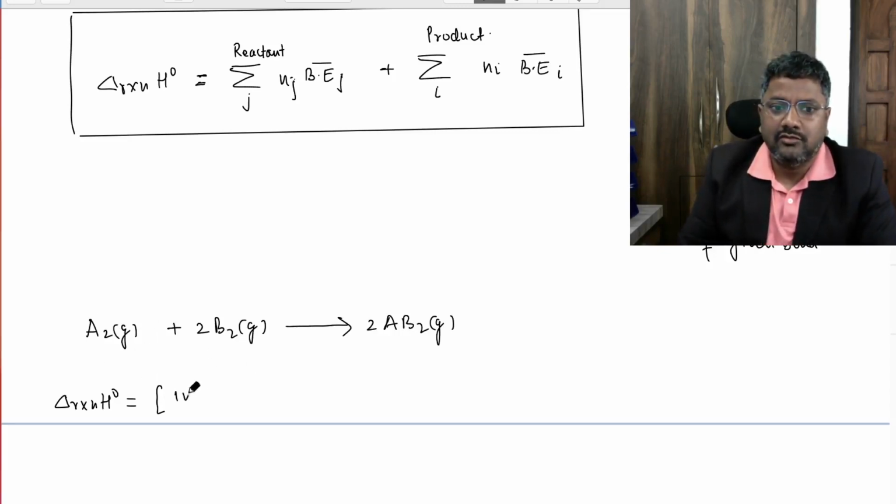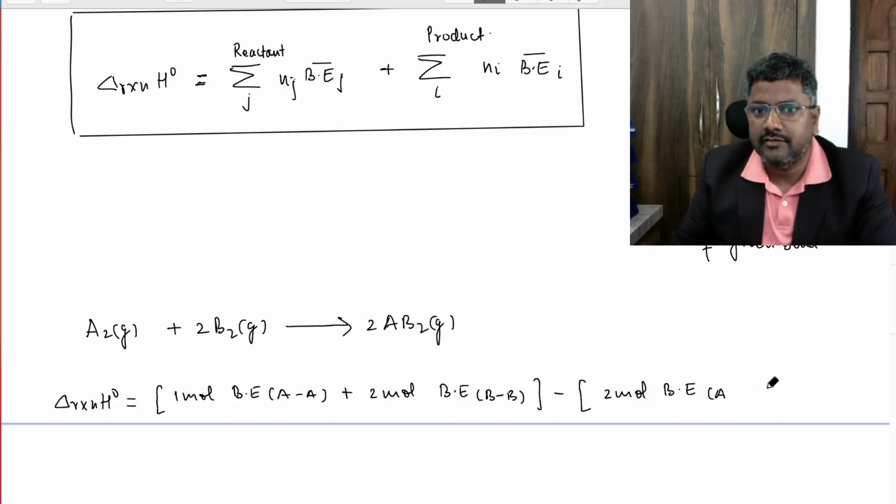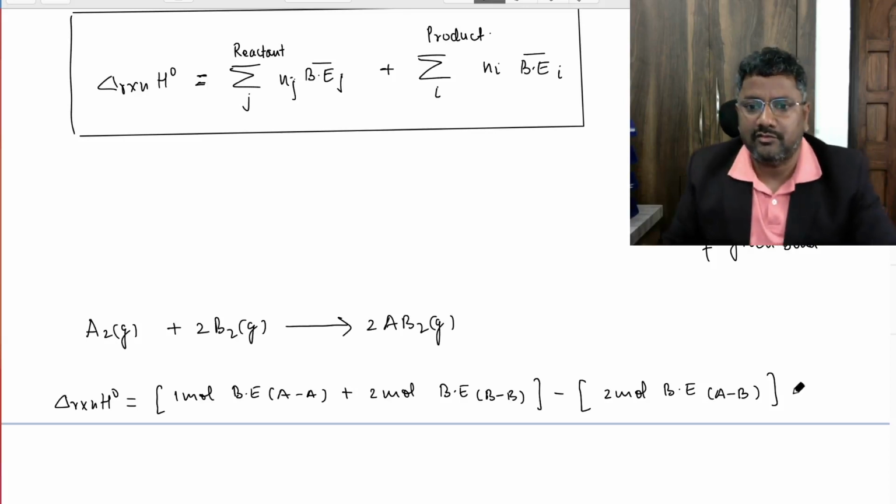So 1 mole times the bond energy of the A bond, plus 2 moles times the bond energy of the B bond, bracket close, minus 2 moles times the bond energy of the AB bond, right?